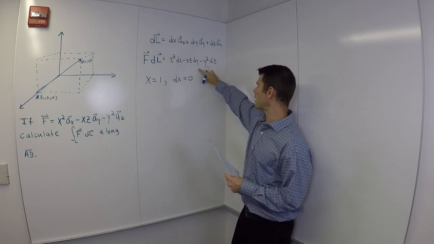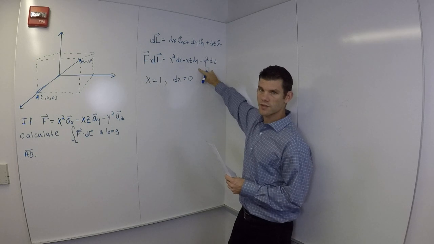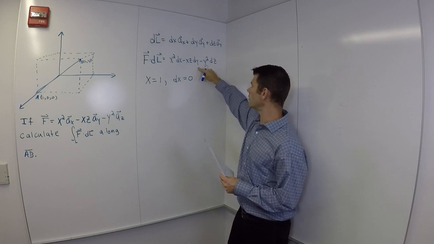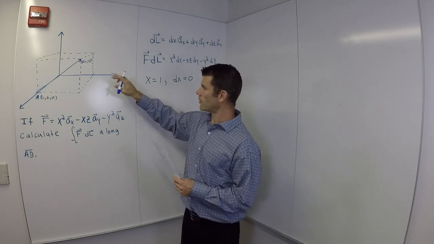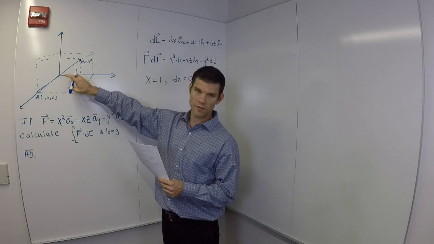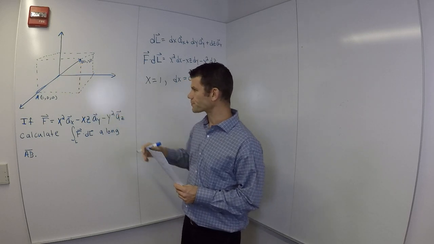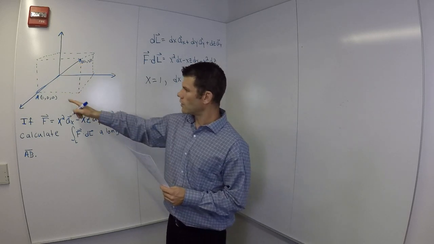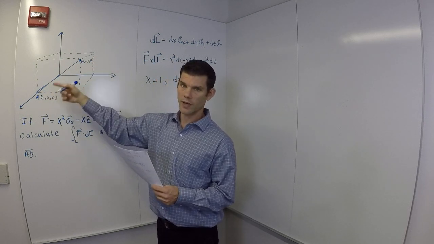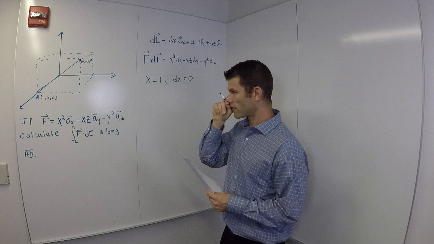But then you'll see that we have both y and z changing at the same time, and that still presents an issue. But we can notice something here. If we only have y and z changing at the same time, we can come up with an equation that defines y in terms of z. So you can see that this line right here is just a linear line segment, right? So we can use the point-slope formula to find that.